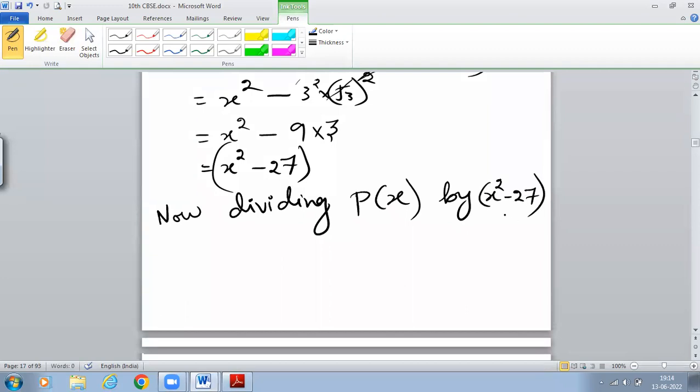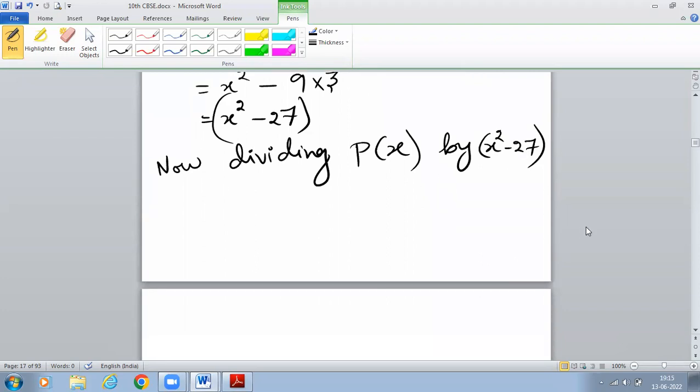Simple steps only. With the help of two zeros, we found two linear factors, and we multiplied those two linear factors to find a quadratic factor. Now with the help of that quadratic factor, we are going to divide the given polynomial to find the other quadratic factor.